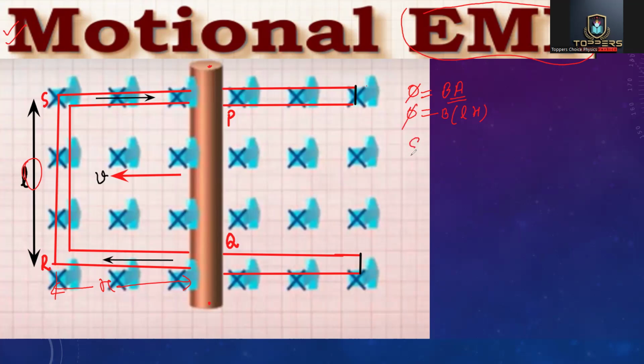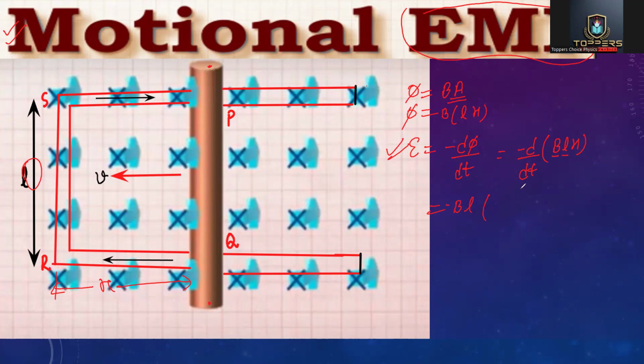So what will be the EMF? E is equal to minus d phi over dt according to Faraday's law. So minus d over dt of phi, which is BLX. If we differentiate x with respect to t, B and L are constant, so they will be taken outside, and the minus sign is already here.